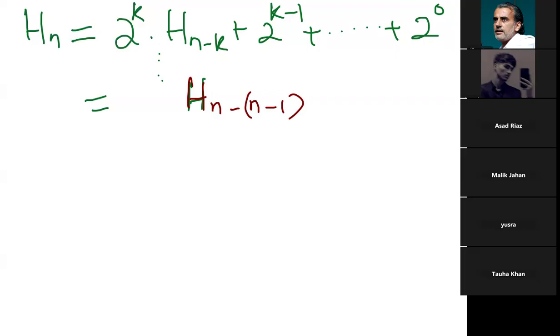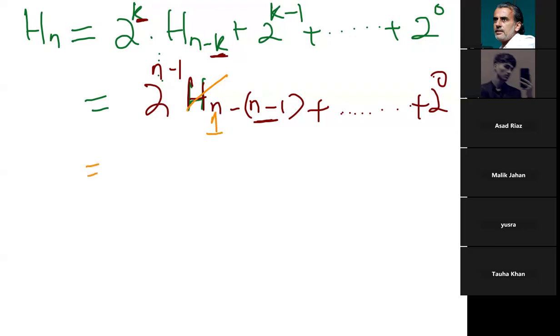So in that case, when k becomes n minus 1, the first power of 2, which is the coefficient over here, will become n minus 1. And then it will be going down to 2 raised to power 0. So we know the answer of h1, so we can substitute this thing with 1 because this hn minus k is h1 actually.